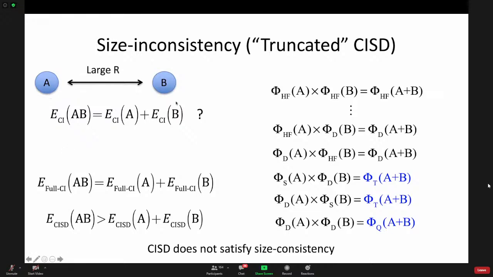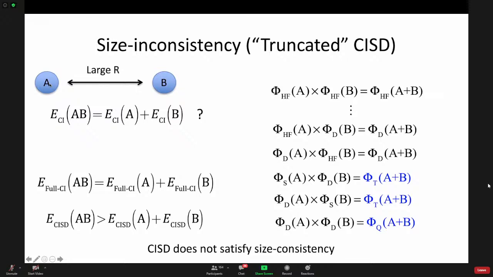Assume that we have two atomic molecules like this, A and B, very far from each other. Then the energy of these two together should be an addition of this and this, right?